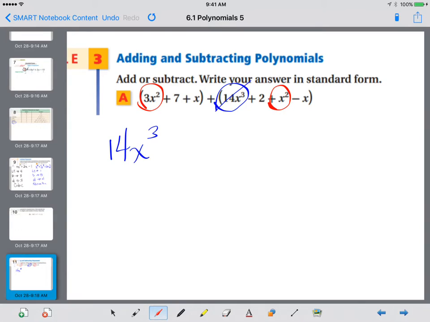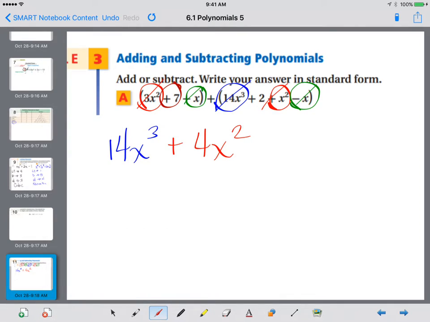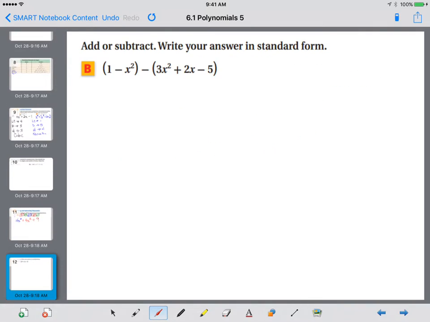We've got 3x squared plus x squared. That would be positive 4x squared. We're done with those. Now we look for just our x's. That's positive x minus x. It's going to go away. 1 minus 1 is 0. And our last terms would be 7 and 2. That would be 9.